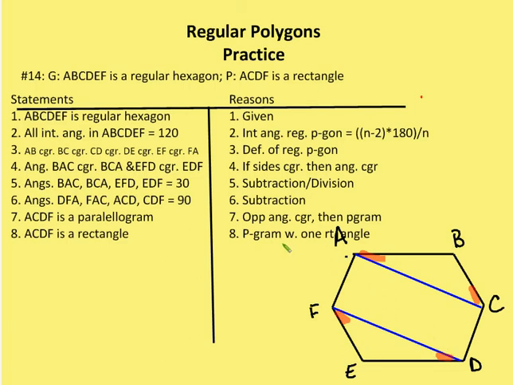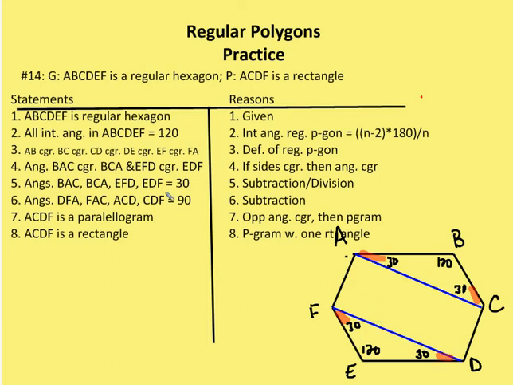I know that angles BAC, BCA, EFD, and EDF are equal to 30 degrees. I can figure that out by subtracting 120 degrees from 180 and then dividing the balance of 60 degrees by 2 to give me 30 degrees for all of these angles that are marked in red.